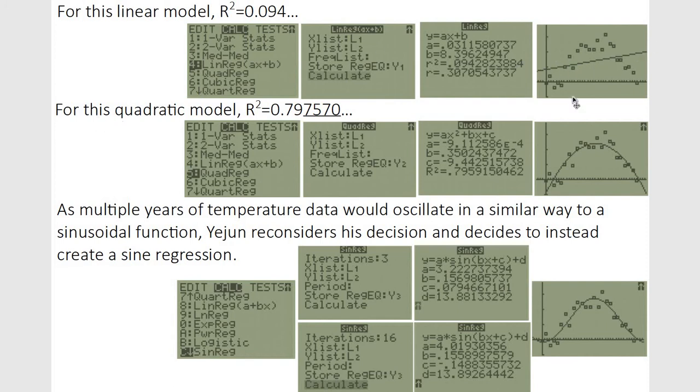All right, so then we notice, okay, it kind of looks more like a quadratic. So we do that. Now one thing I do want to point out is notice that on Cognity, they got 0.797570, and I got 0.795915.